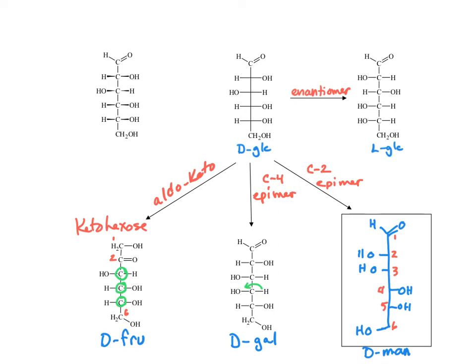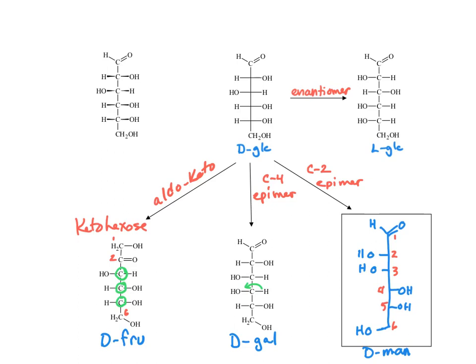So I did that on purpose just to remind you that the carbonyl up here on carbon number 1 can be facing right or left, it doesn't matter. Same thing with this down here, it can be swinging around and it can go to the right or left, it doesn't matter. It's these chiral carbons here that are really critical for us to get right in a Fischer projection. So if we make a new sugar called D-mannose, don't forget we've got L-mannose as well.